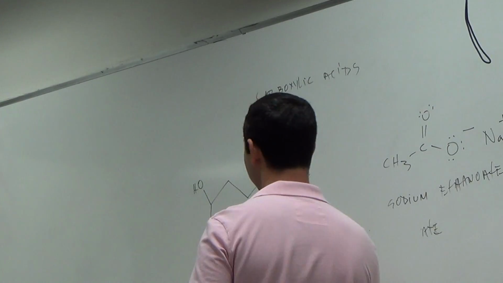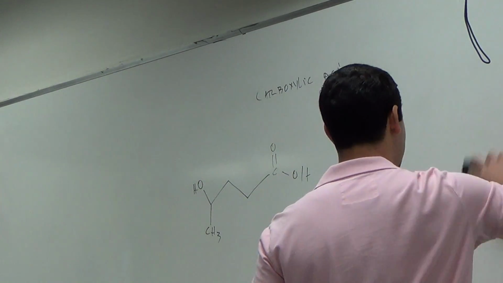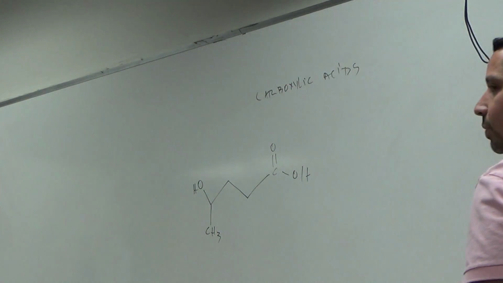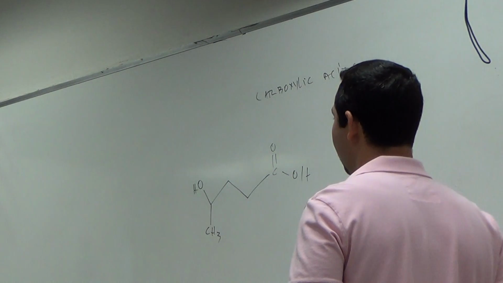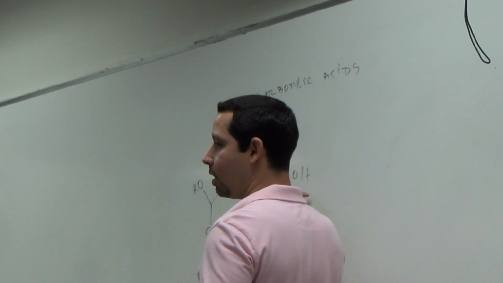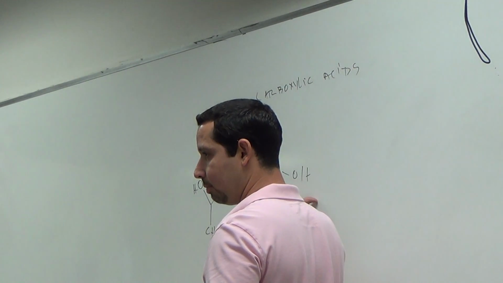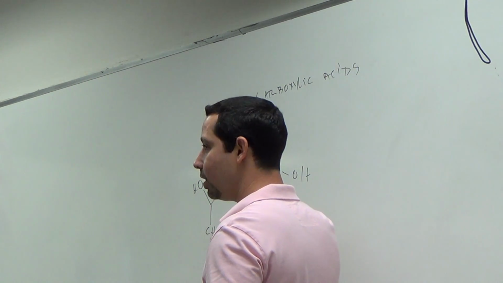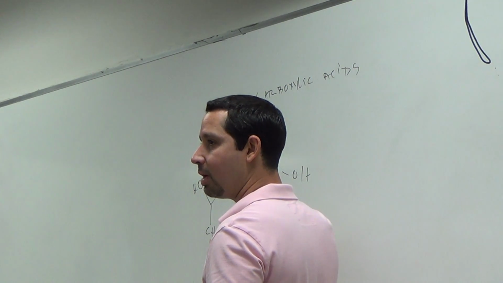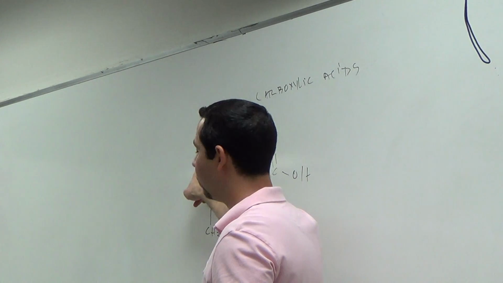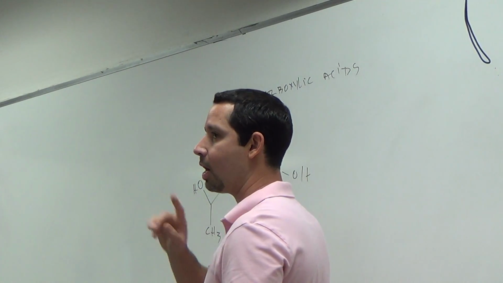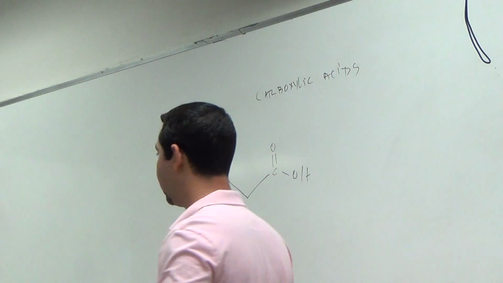What's the name of this? Because I don't think we've ever done a name like this before. We want to name it based on the carboxylic acid. Okay? And what type of group is this? Methyl. This is a methyl group. Yeah. And this group is a? Alcohol. It is an alcohol. You're right, it is an alcohol.